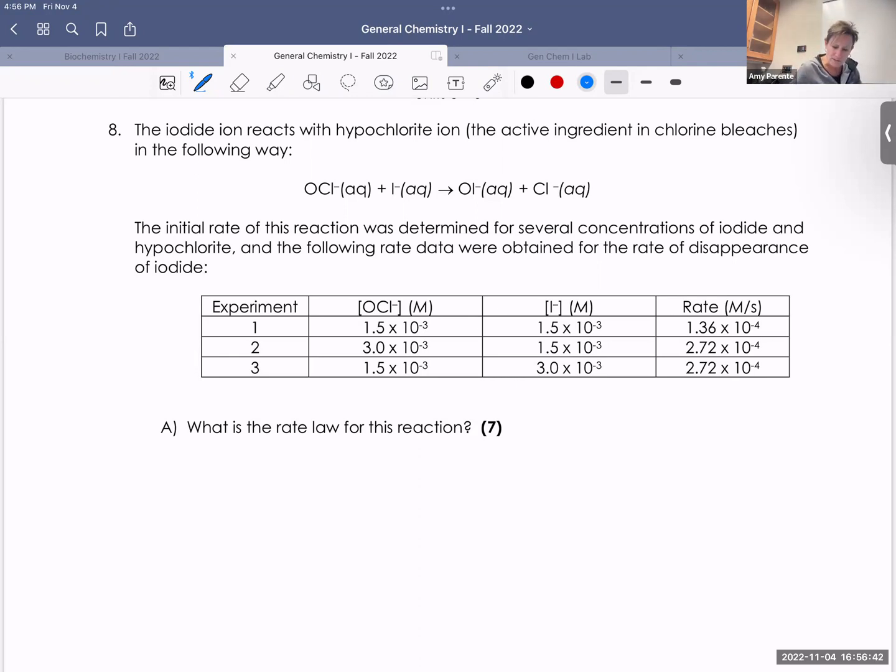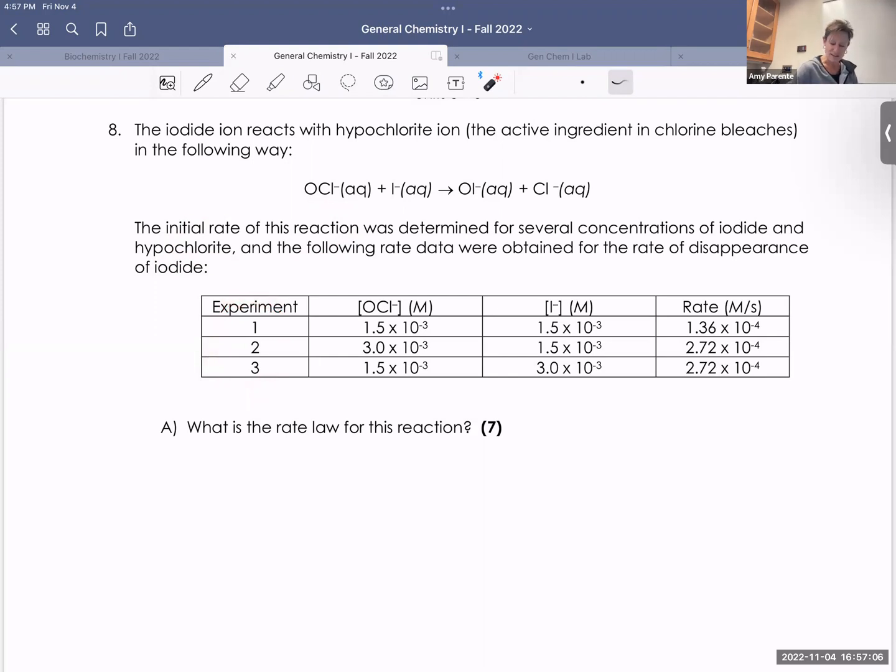This problem tells us that we're doing chemistry with the bleach ion, hypochlorite. You actually did stuff with that in lab, where you used it to bleach a dye. Here it is reacting with iodide and forming some other products. We determine the initial rate of this reaction experimentally, and we have these three experiments.